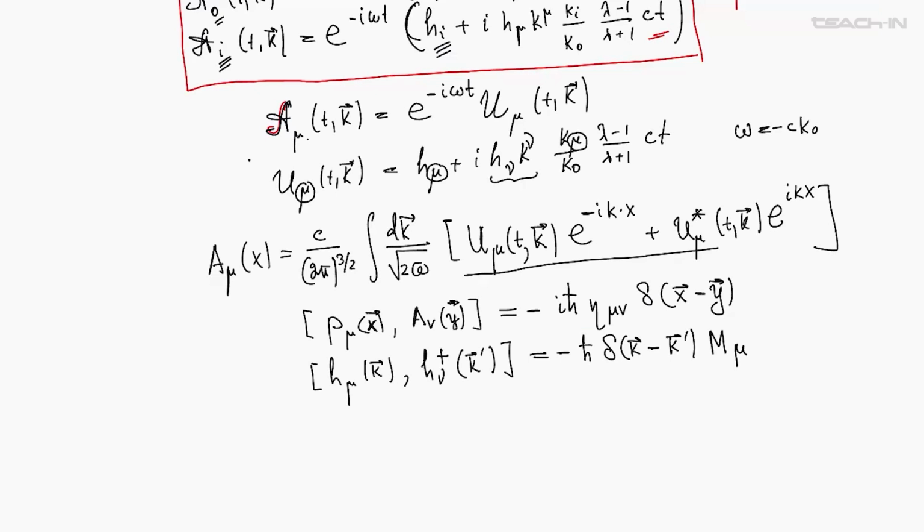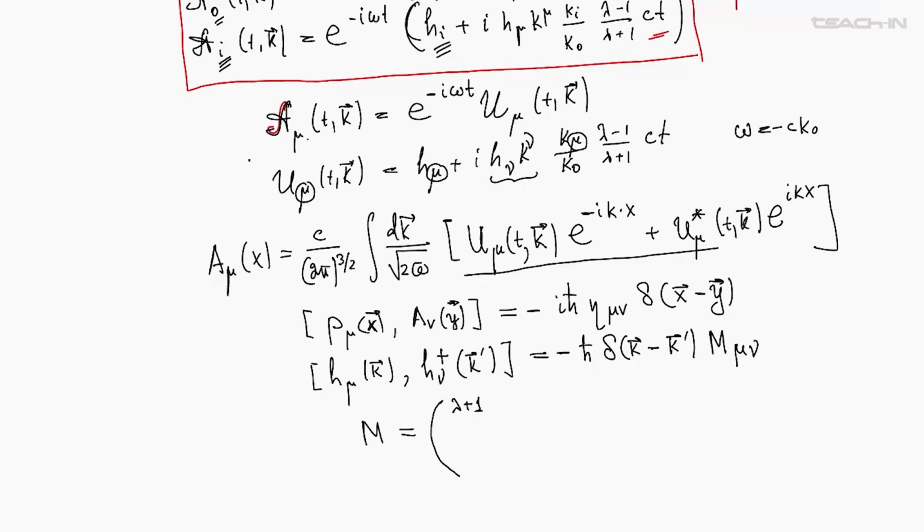It's a 4 by 4 matrix, right? Because mu and nu run over 0, 1, 2, 3. And so we have a symmetric 4 by 4 matrix where the first element is lambda plus 1 divided by 2 lambda.